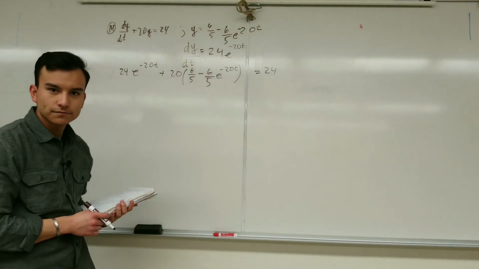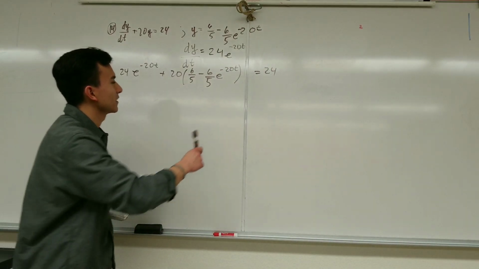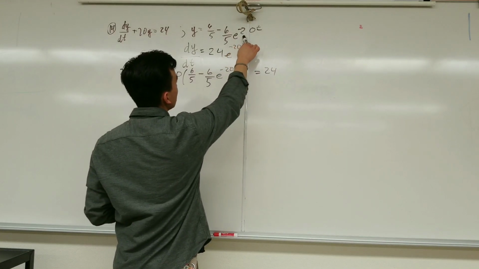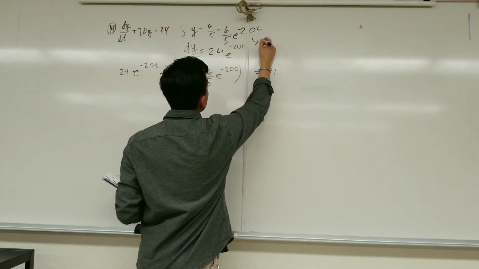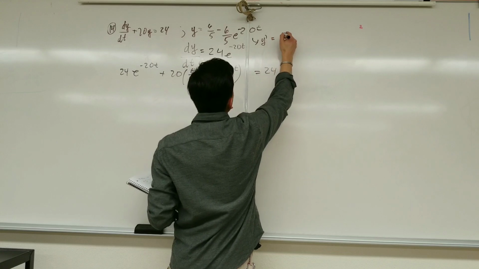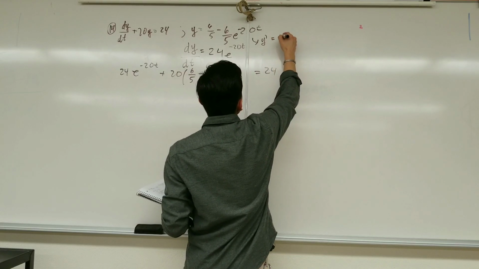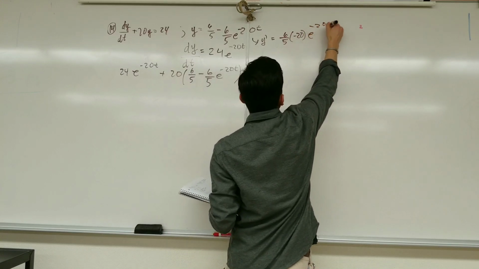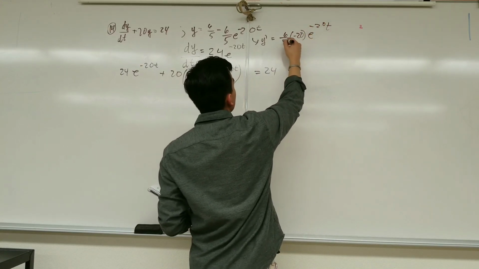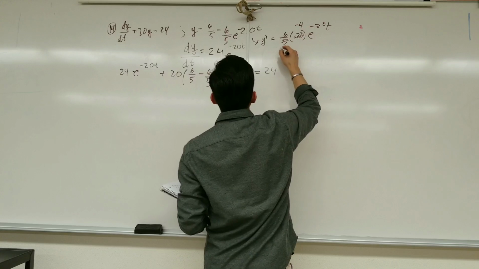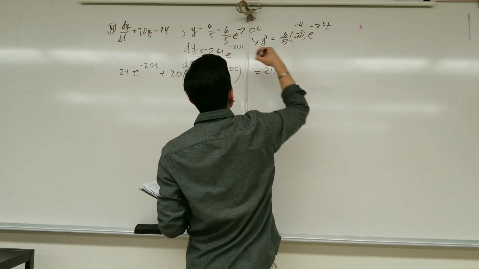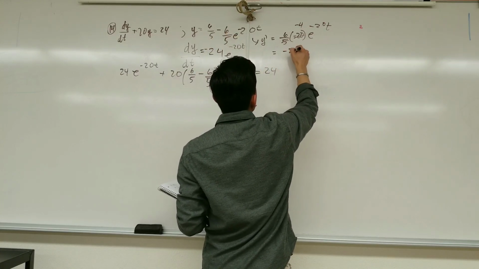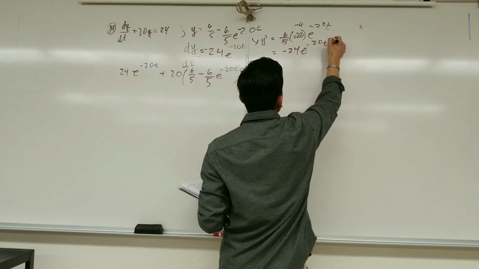Did I say power rule? I just meant take the derivative of this, which is going to be 6 over 5 times negative 20 e to the negative 20t. You'll see that we have a negative 24, so that's going to be equal to negative 24 e to the negative 20t.